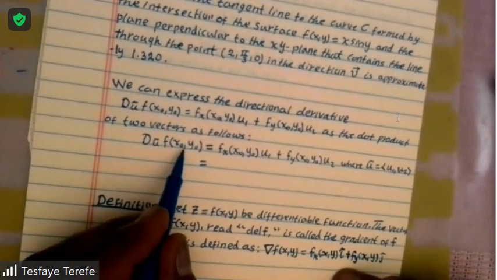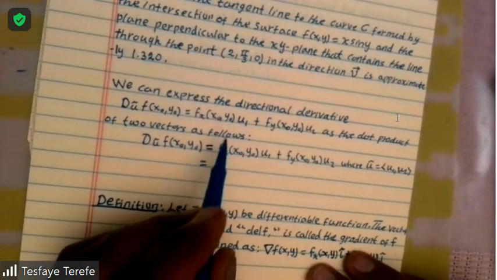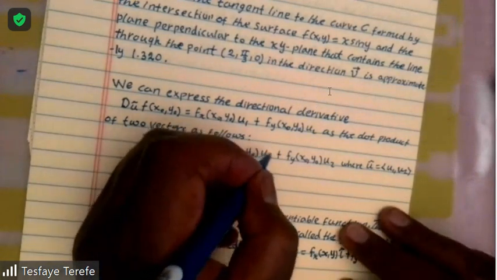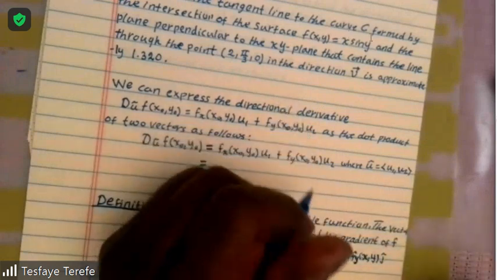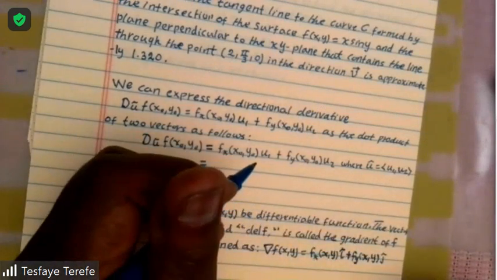The directional derivative of f at a point (x sub 0, y sub 0) in the direction of u is the partial derivative with respect to x at the point (x sub 0, y sub 0) times u1, plus the partial derivative with respect to y at that same point multiplied by u2. That means u sub 1 and u sub 2 are the components of the unit vector.